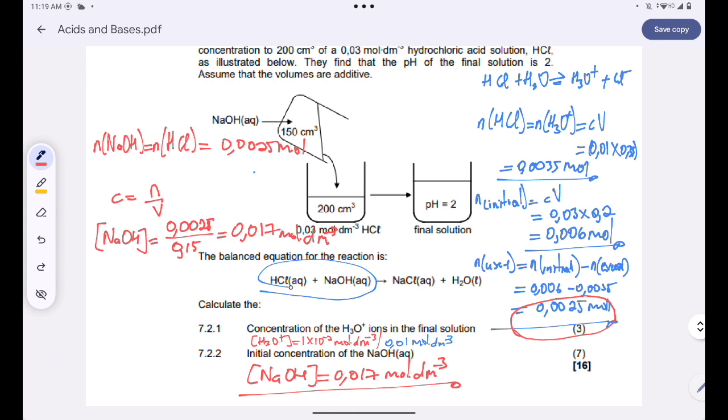Since the ratio of the acid and the base is 1:1, the number of moles needed from the acid will be equal to the number of moles needed from the base. So the number of moles for the base will also be 0.0025. And then since I know the number of moles and the initial volume of my base, I can simply find the initial concentration, which was 0.017 moles per cubic decimeter.